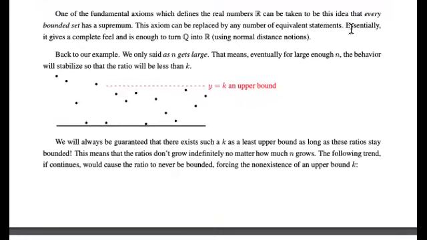Okay, back to our example. As n gets large means that eventually, for large enough n, the behavior will stabilize and the ratio will be less than k.